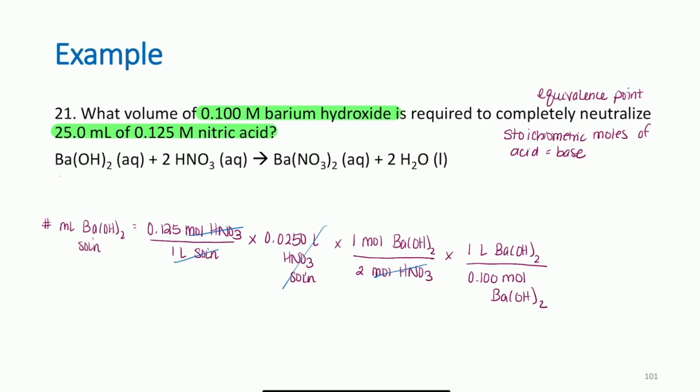So that's my way of canceling out moles of barium hydroxide and getting to liters, and then just convert to milliliters. I get an answer of 15.6 mLs of barium hydroxide.